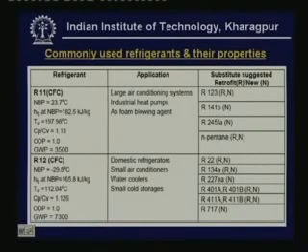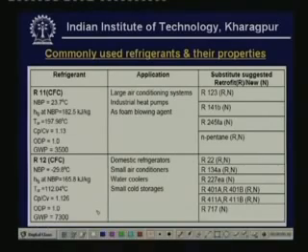Now, let me show some commonly used refrigerants and their salient features and properties. First refrigerant is R11. R11 is a chlorofluorocarbon, so it is a CFC. It has a normal boiling point of 23.7 degrees centigrade.